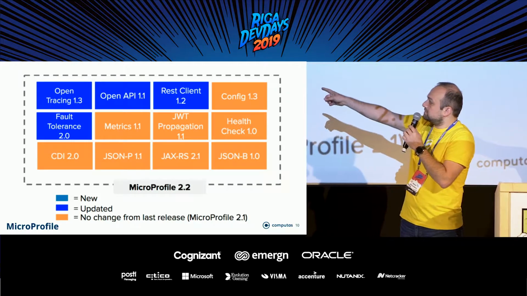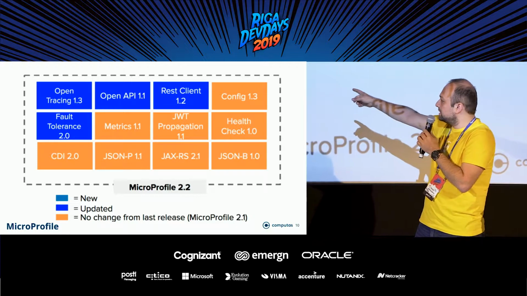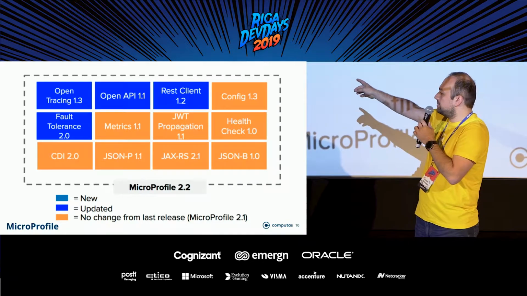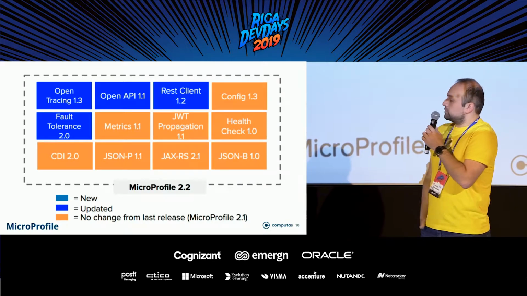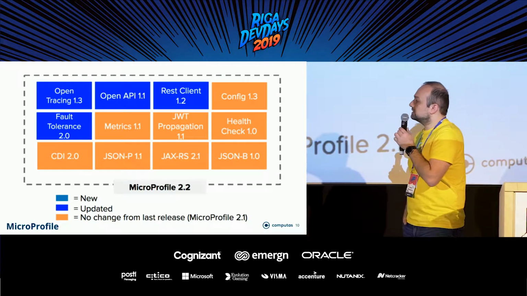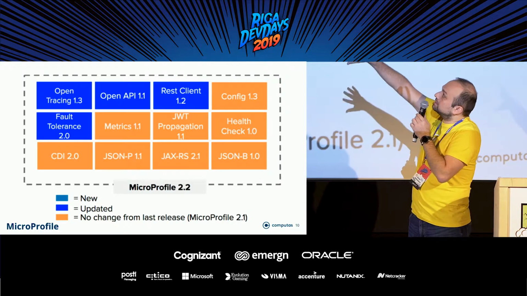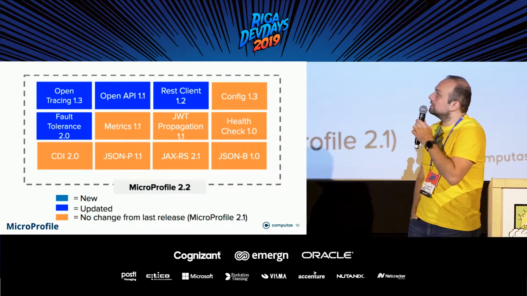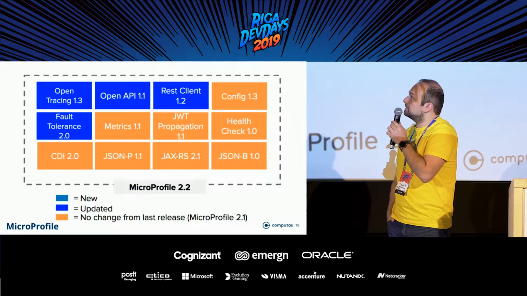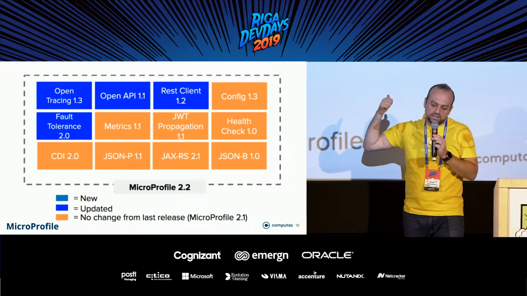So this is MicroProfile 2.2, and that is what has happened since version 2.1. As you can see, there are not that many changes, and there are a few updated versions in the upper left corner.